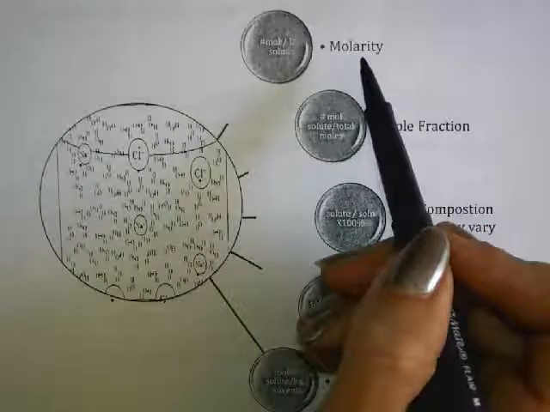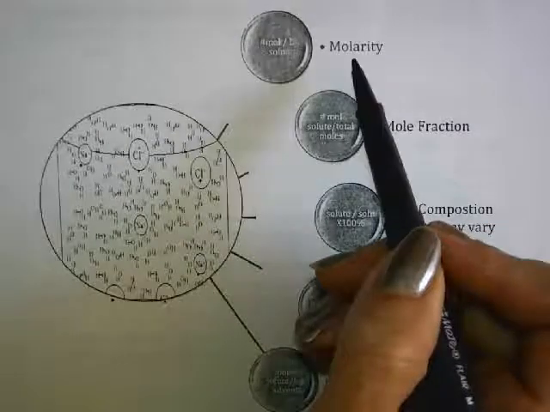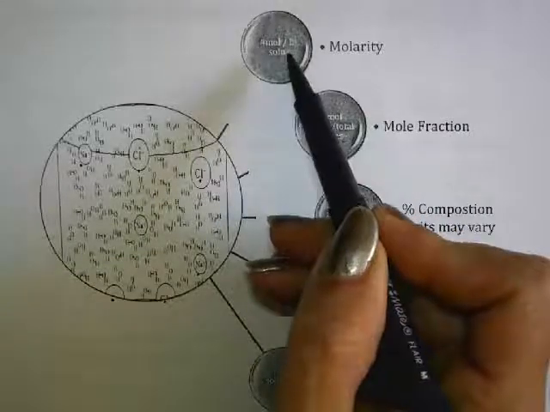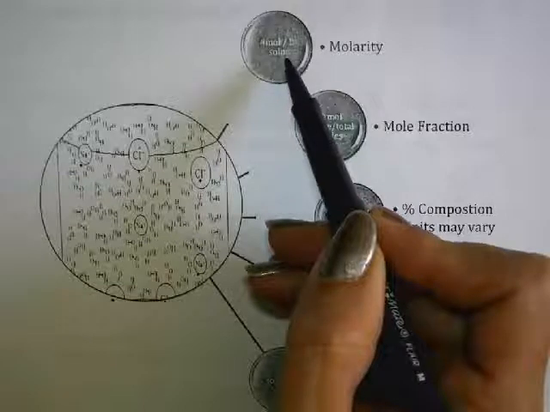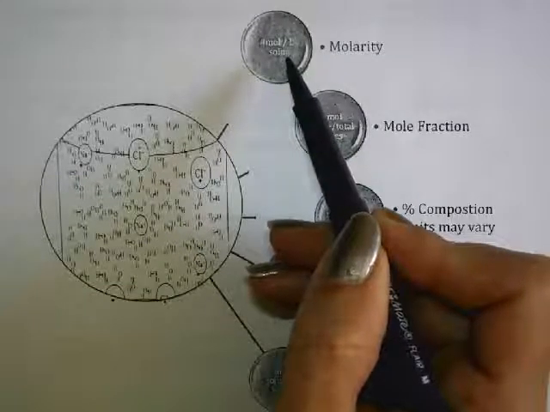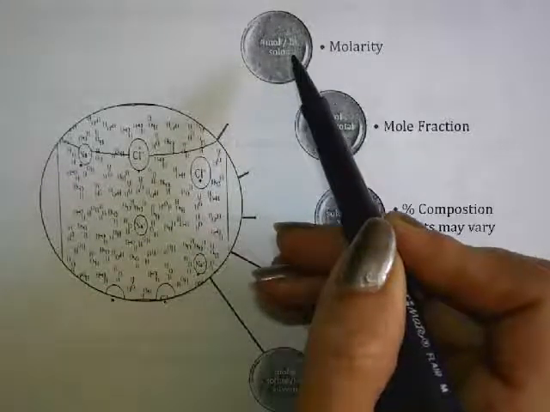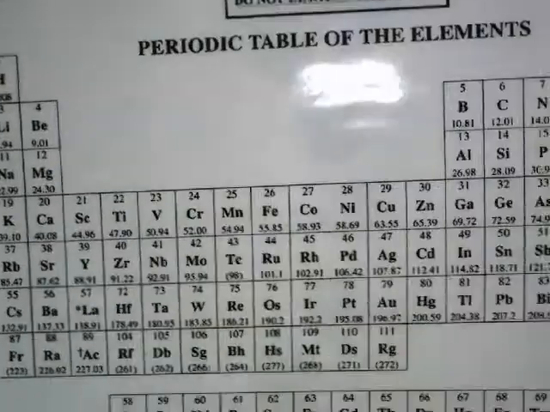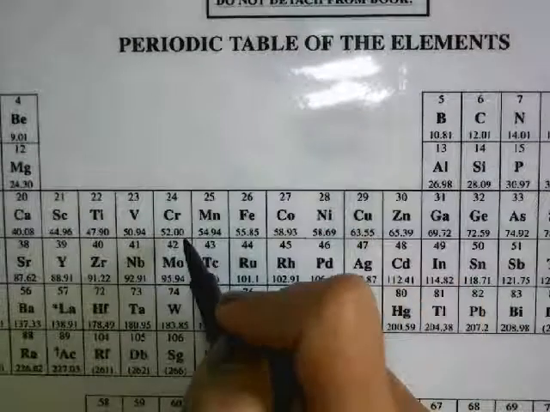Molarity is the most commonly used form of concentration in chem, and it will always be the number of moles per liter of solution. Since we can't weigh out a number of moles, we're going to be using the tool of molar mass, which are these numbers on your periodic table.